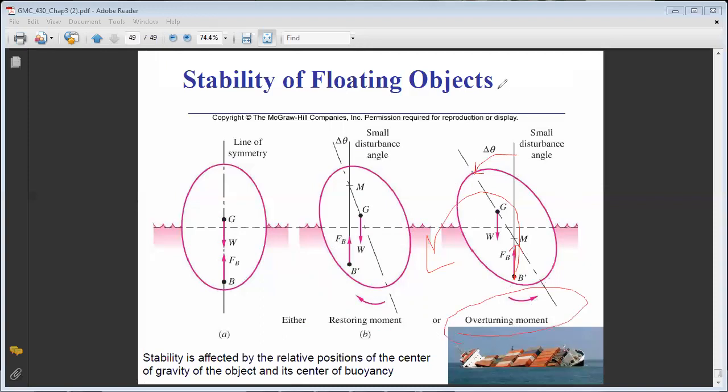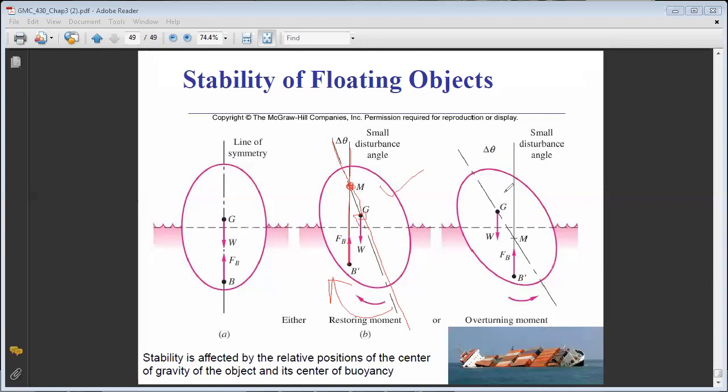This is why, if you look at the figure, to ensure a good design, if you have the line of symmetry passing by G and the line of action of the buoyancy force, when the intersection point between these two is above G, you have stable conditions because the moment will be a restoring moment.